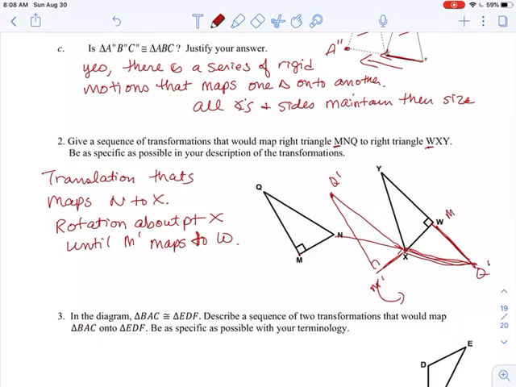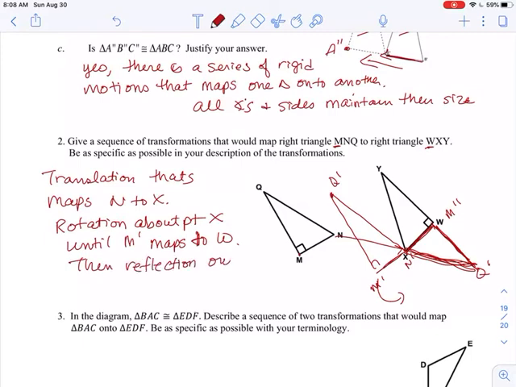Okay, so all the way around. This is going to be my Q. This is my M is now going to be touching over here, and my N is going to be touching. So because once I have a side touching, then all I have to do is reflect it over that side.